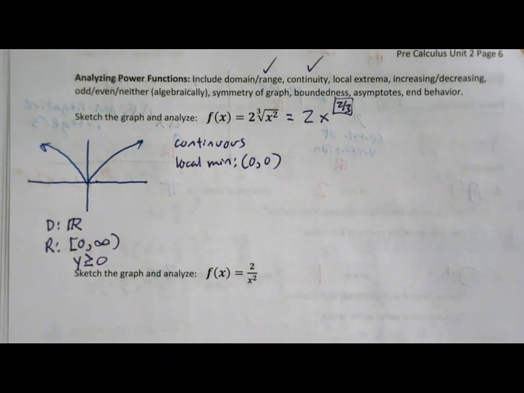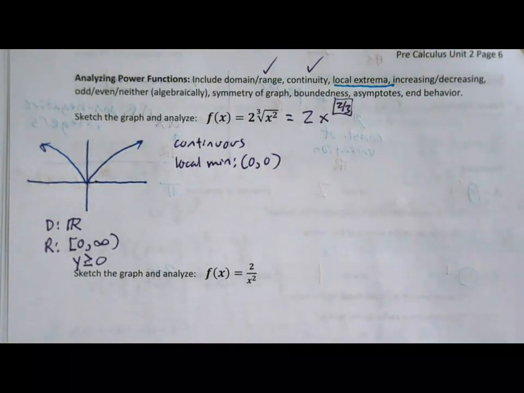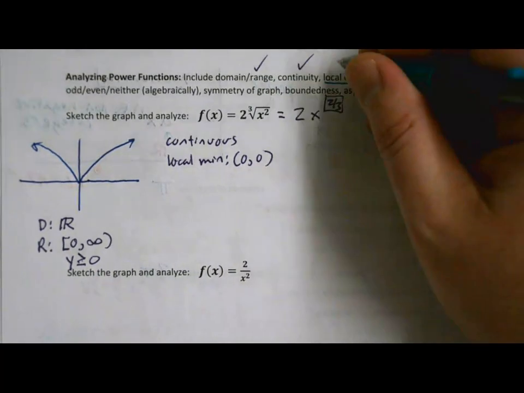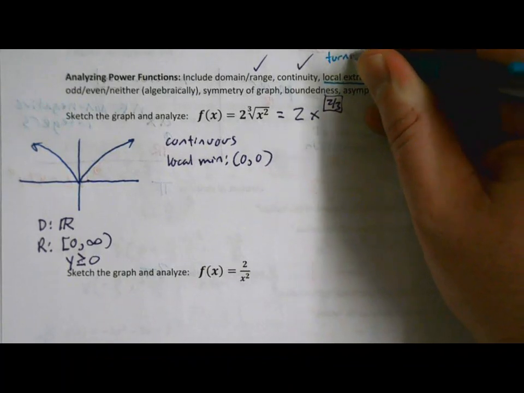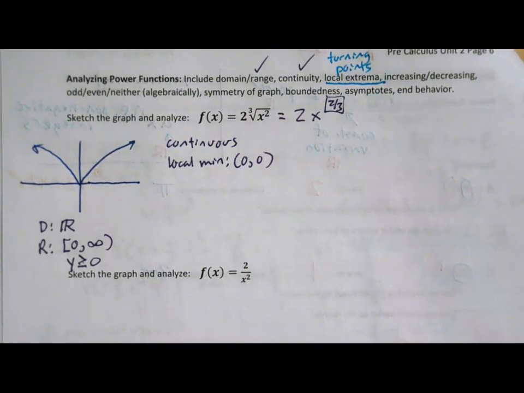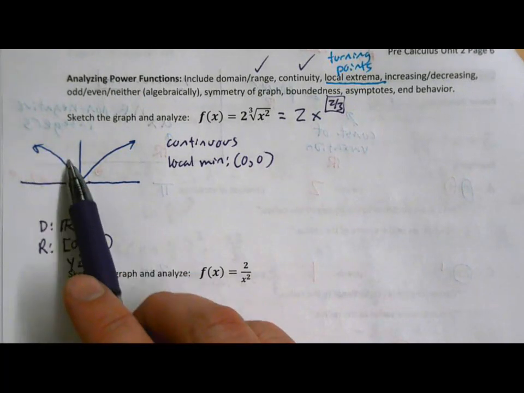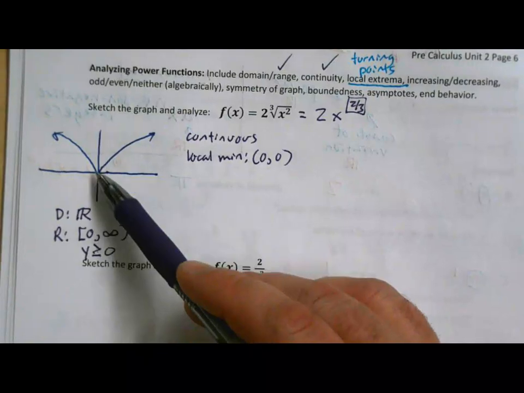What's another word that we could use to talk about local extrema? This is going to probably appear on the CWU exam. Turning points. There is one turning point. It's a local min at 0, 0. Okay, increasing or decreasing? I'd say it's doing a little bit of both. It's decreasing in this region here, and then it starts increasing over here.